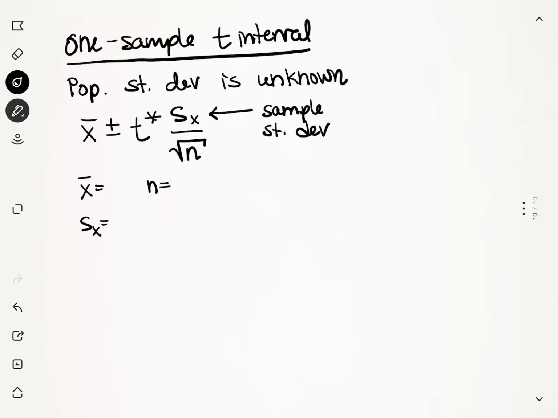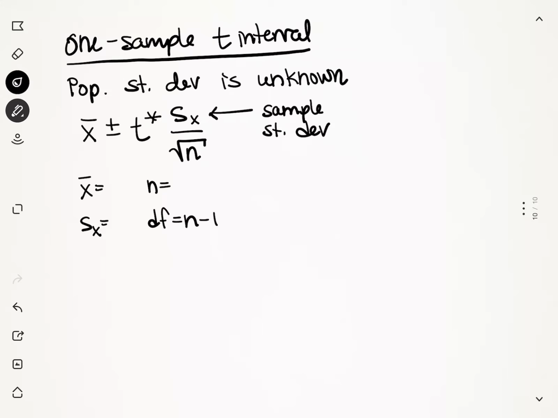Now, before you write critical t down, what you need to do is find the degrees of freedom, okay? That has to be written on your paper. If you don't include it, it is at most a partial credit on the AP exam, okay? So degrees of freedom are required in order to find critical t.